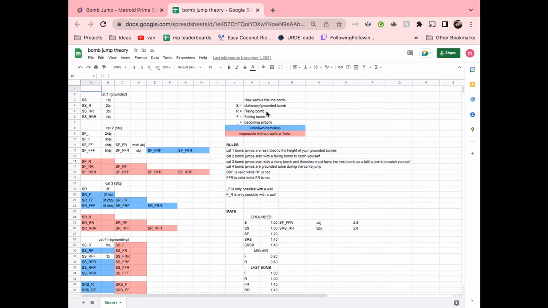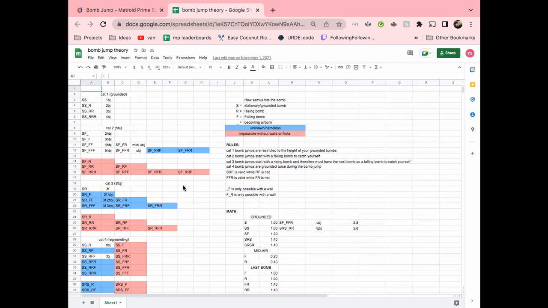In general, bomb jumps are broken down into 3 parts. There's everything you do while you're grounded, everything you do while you're in the air, and then the timing of your last bomb.